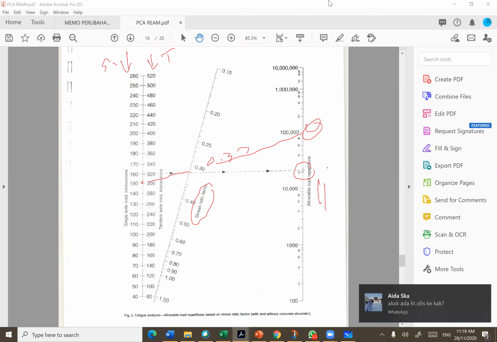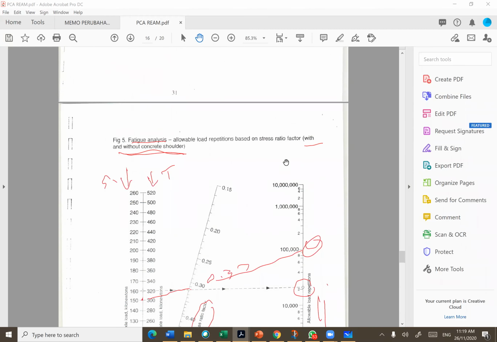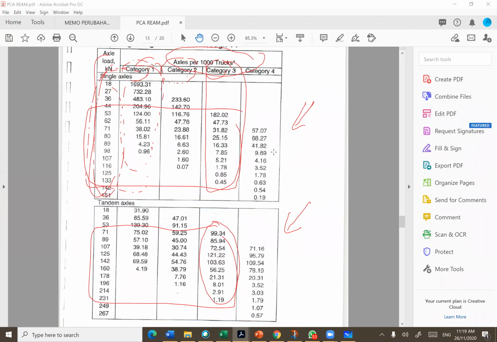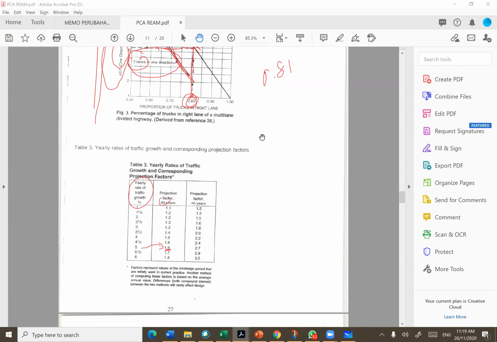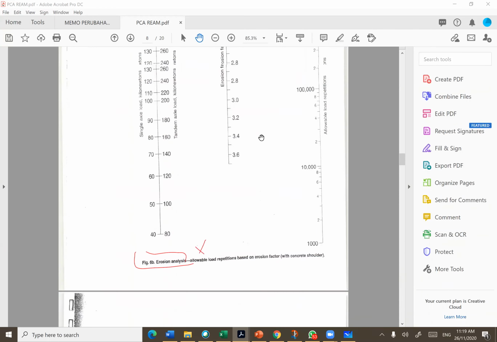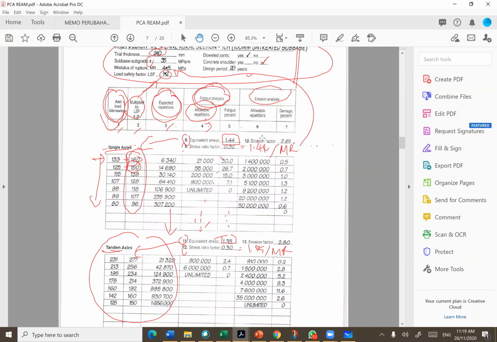Doctor, single axle with 80. Single axle with 80. Yeah, I think it will extend above the figure. Which one? 80. Where?